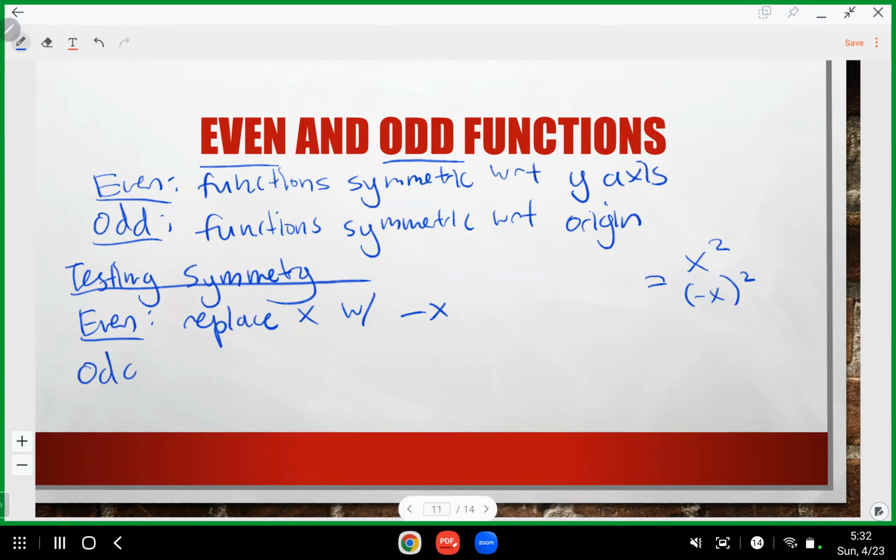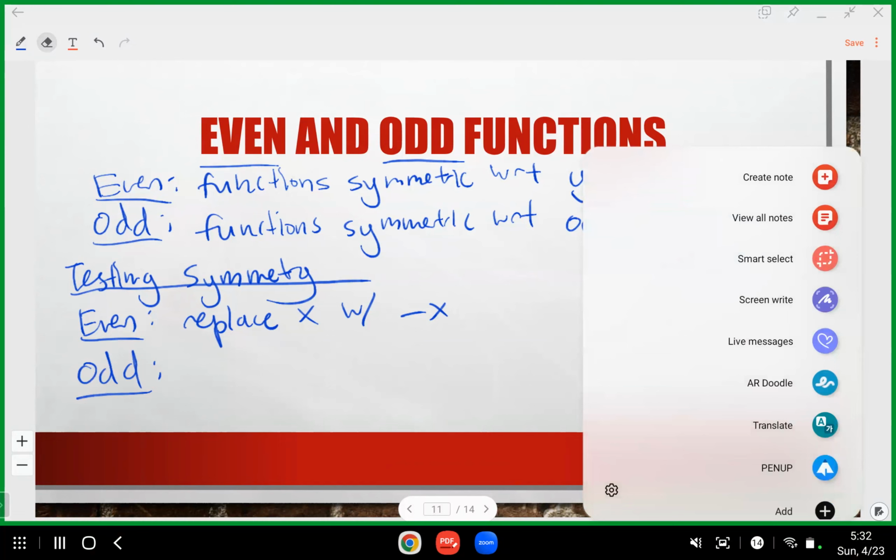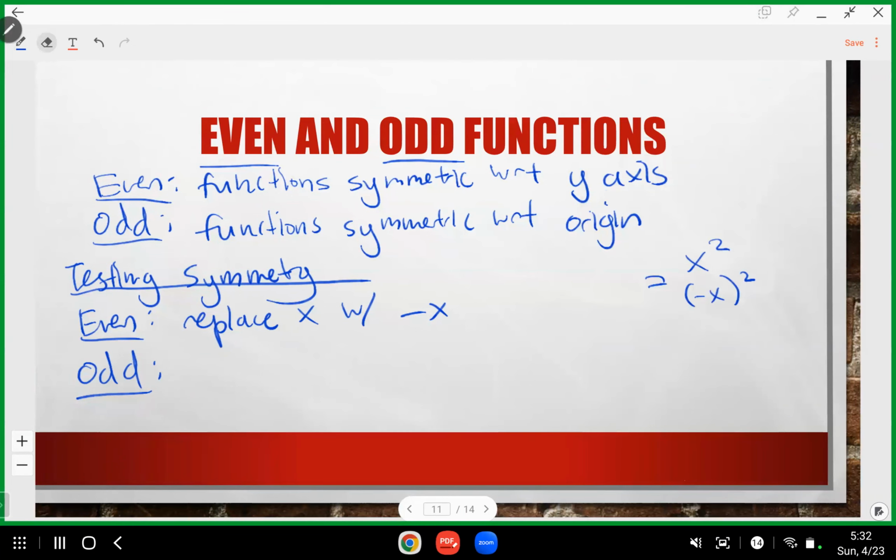An odd function, for example, would be x to the fifth. Well, not necessarily. Maybe not x to the fifth, but I'm going to have to think of one. I don't know an odd function off the top of my head, because functions with odd exponents don't really work as odd functions.